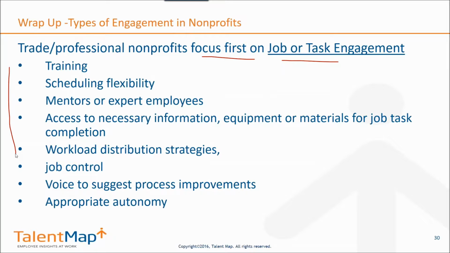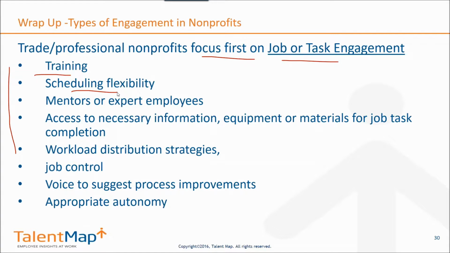What we find is that in trade or professional organizations, job or task engagement is more important than organizational engagement. One way to do that is training on their job so they get better at it, become more efficient, and have higher levels of what's called self-efficacy, the feeling of 'I'm good at what I'm doing.'